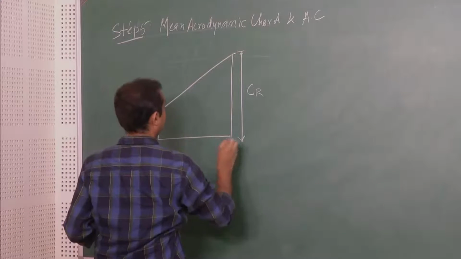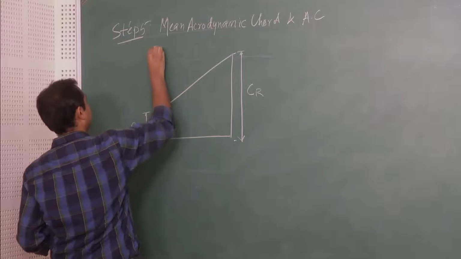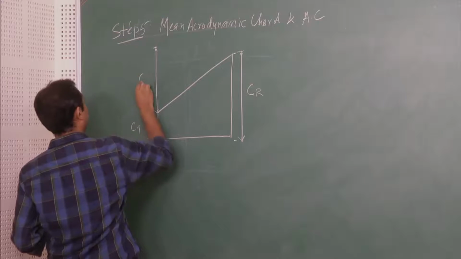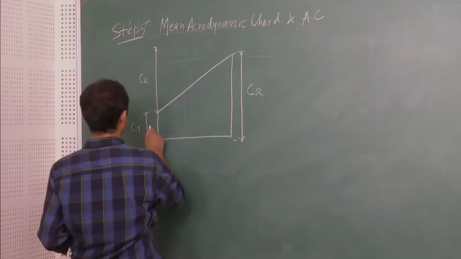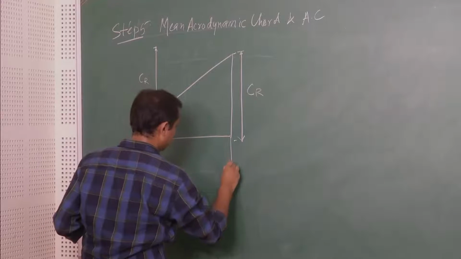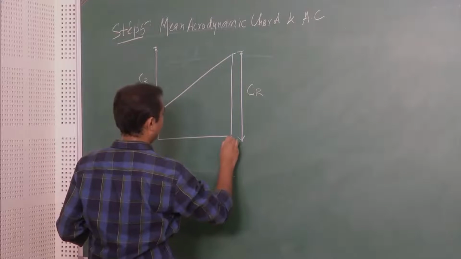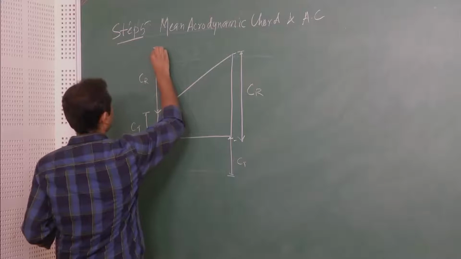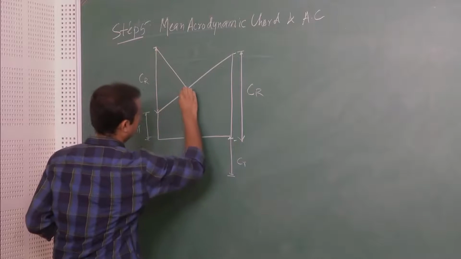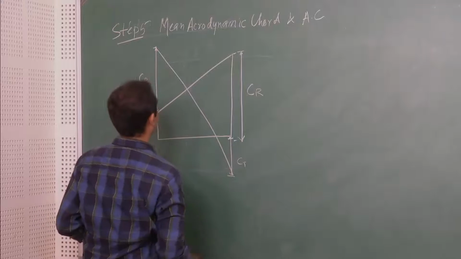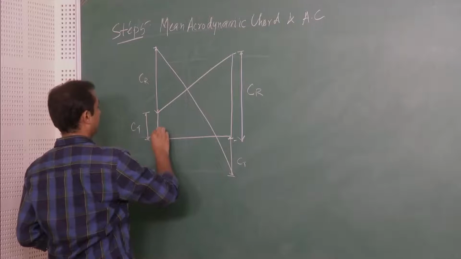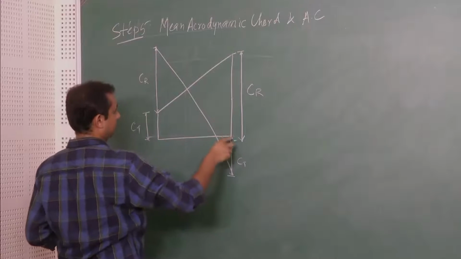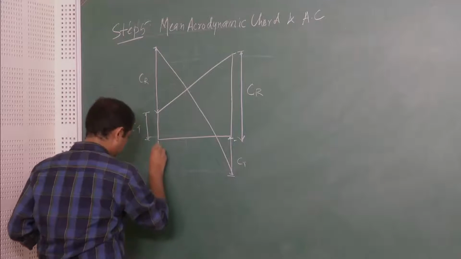Measure this length and extend it, join this length on the tip side. Similarly, measure this length and extend it on the root chord, CT. Join these two points, and either join this center to this center, or you can extend this line here also.